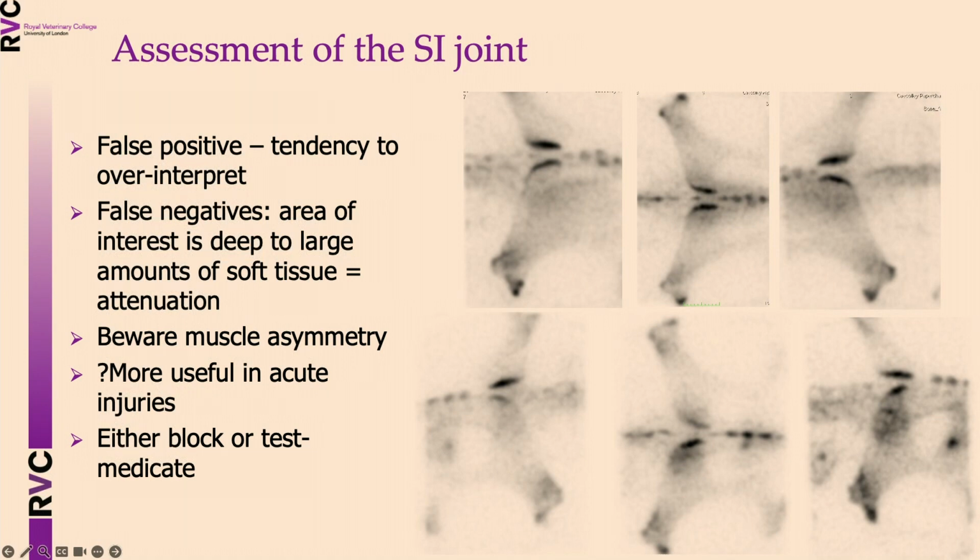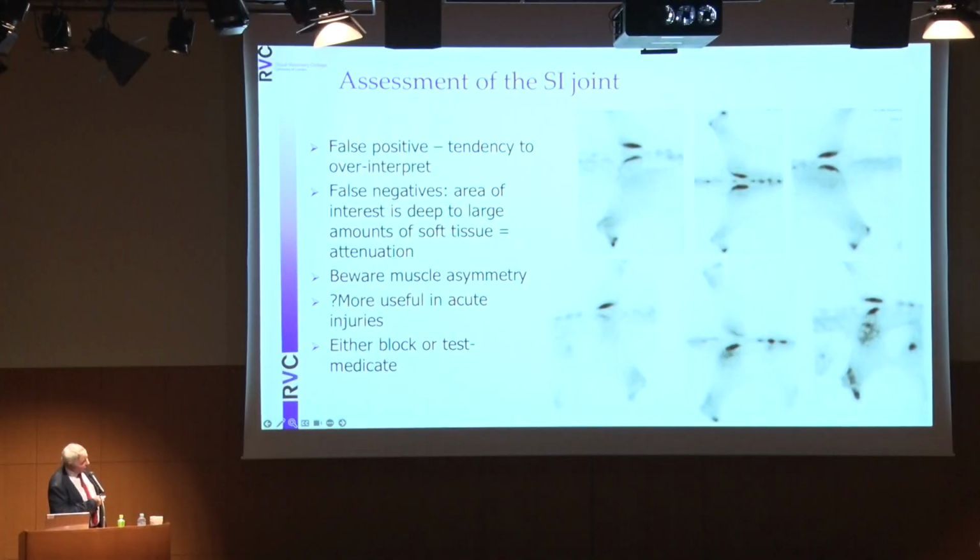So when we look at the sacroiliac joint, for instance, we often look for subtle areas of increased uptake, which we tend to overinterpret. And not all sacroiliac injuries or disease show up as an increased uptake on bone scan.